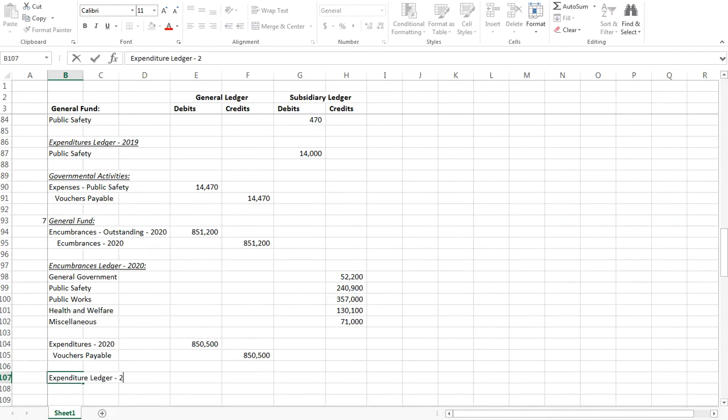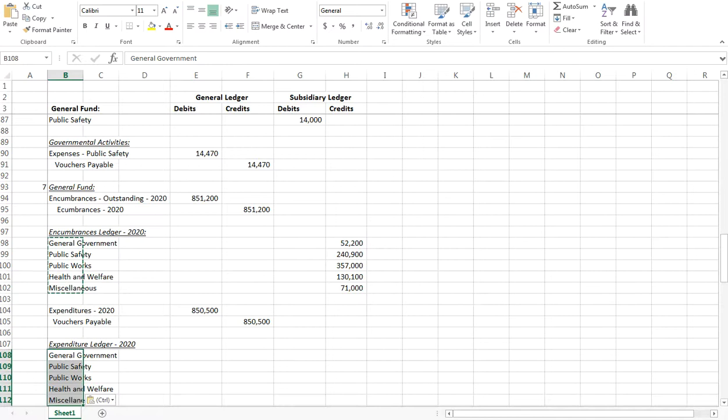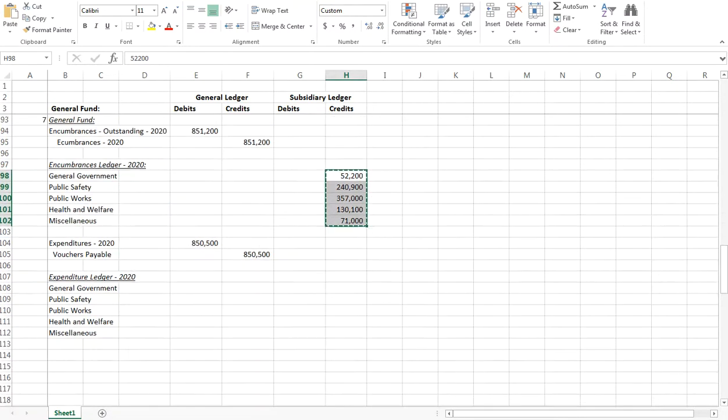I really hope you're starting to see the patterns or the process that we go through. And on the expenditure ledger, I'm actually just going to copy these. If you have good governmental software, it'll take care of a lot of this for you as well. And those are going to be debits in my subsidiary ledger.